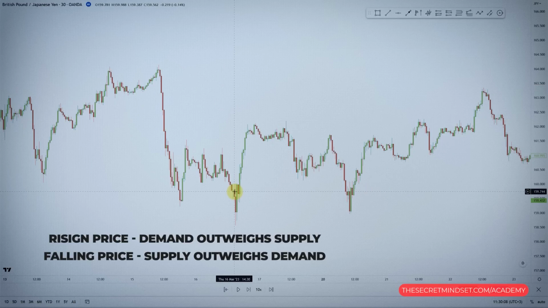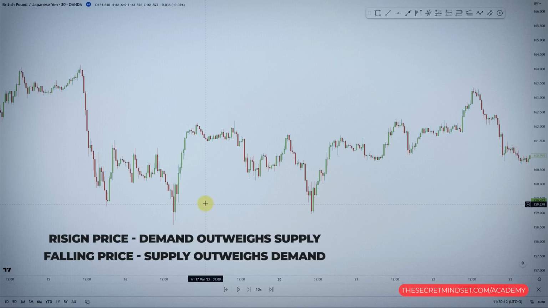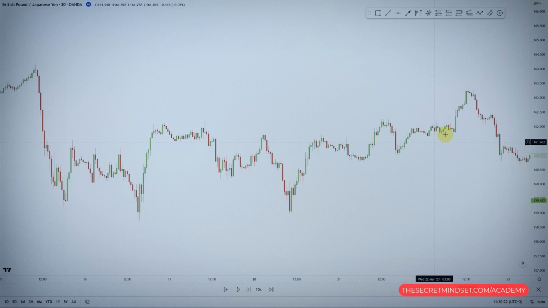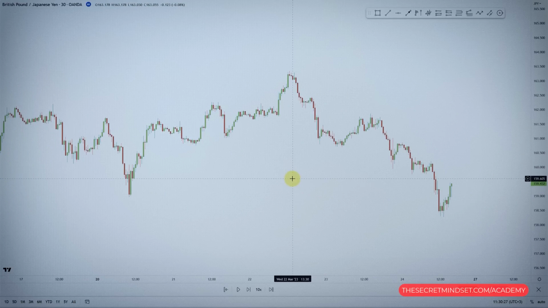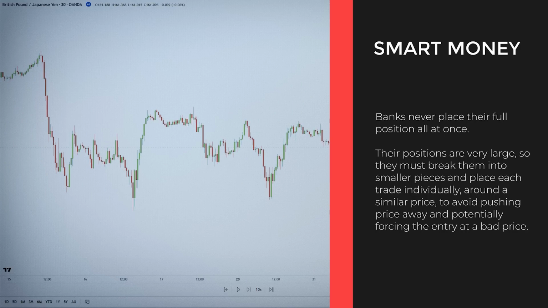Now, changes in supply and demand happen when the banks and other big players decide to enter their positions. We, retail traders, can't cause price to rise or fall because we don't have enough money. Only the smart money, with their high buying and selling power, can make price move. And the banks never place their full positions all at once.